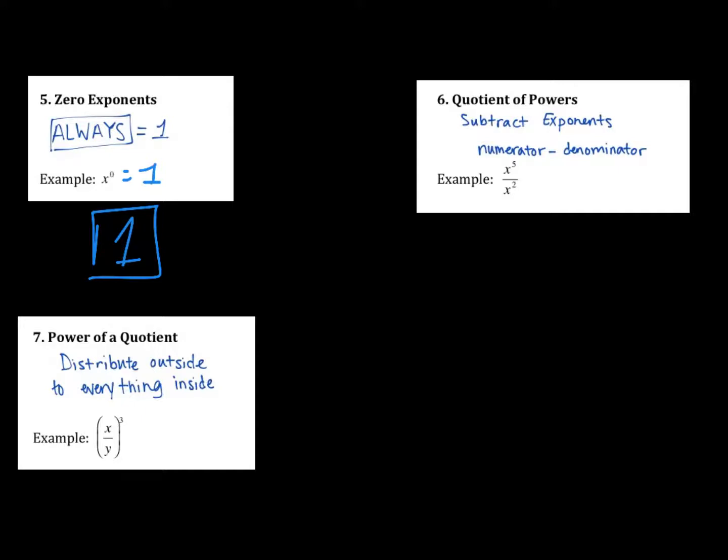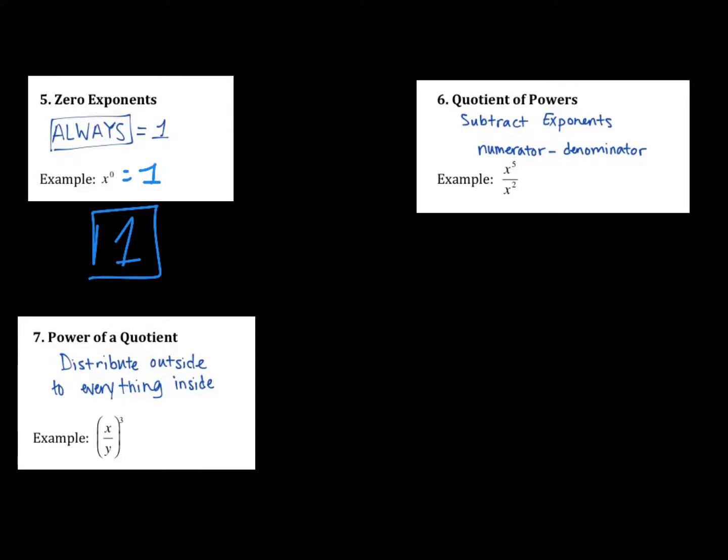What about quotient of powers? Okay, so when we had a product of powers, we added those. Well, when you have a quotient, or you're dividing, you want to subtract. You do the numerator value minus the denominator, so the top minus the bottom.